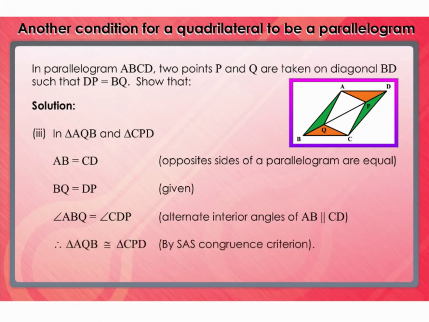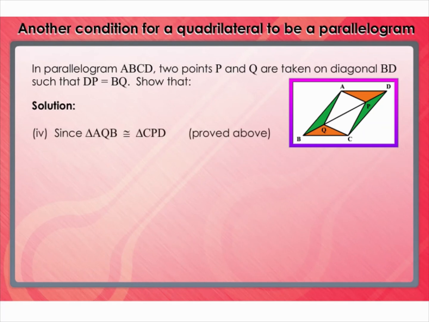Therefore, by SAS congruence rule, triangle AQB is congruent to triangle CPD. Next, we will prove AQ is equal to CP. Since triangle AQB is congruent to triangle CPD, by CPCT theorem, AQ is equal to CP.